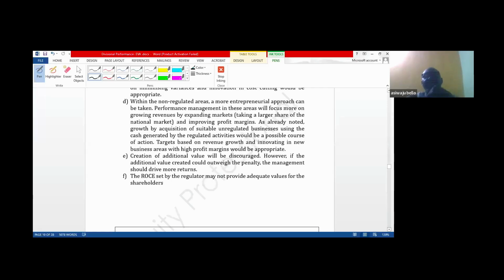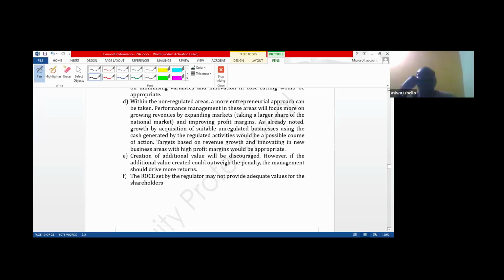Number 5, creation of additional value will be discouraged. But if the additional value created could outweigh the penalty, management should drive more return. What we are saying is, at times, you might deliberately charge higher price so as to make more profit from the regulated services.